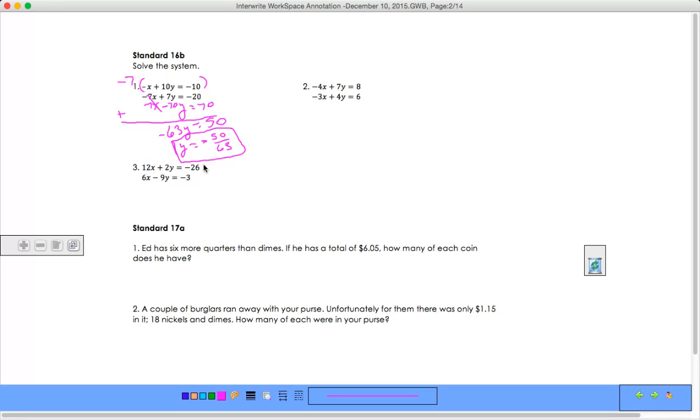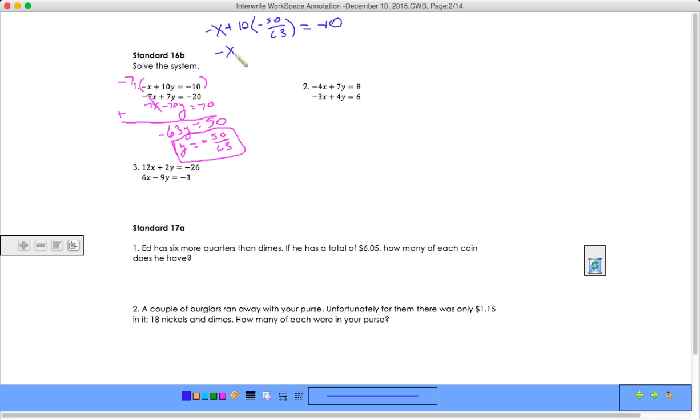And we're going to take that fraction and plug it back into one of these equations to find the x value. So plugging into the top equation gives me negative x plus 10 times negative 50 over 63 equals negative 10.